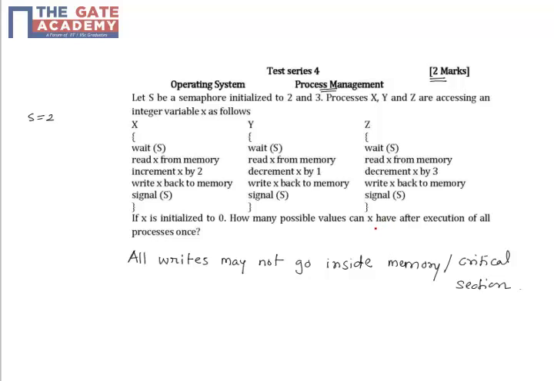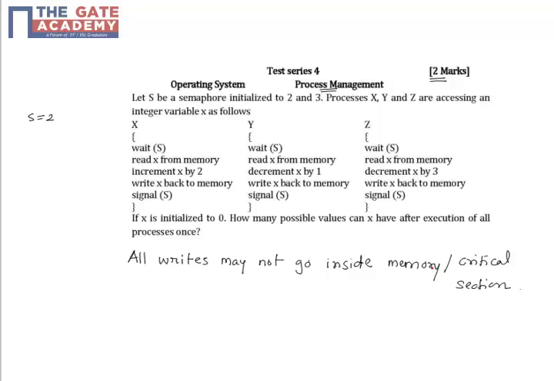So we want to find the number of possible values that X can have after execution of all processes once.